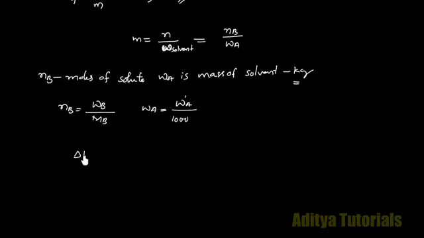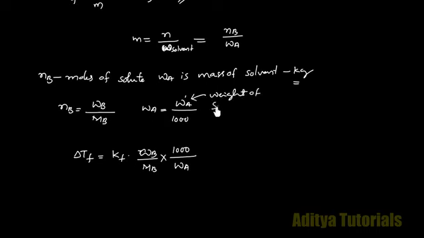We know that delta Tf is equal to Kf. Instead of writing the molality, I am going to write this formula: WB divided by MB, into 1000 divided by WA. This WA is the weight of solvent in grams, and to convert into kg you have to divide by 1000, right?